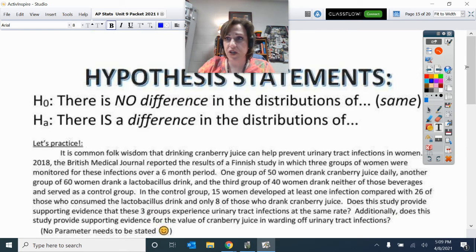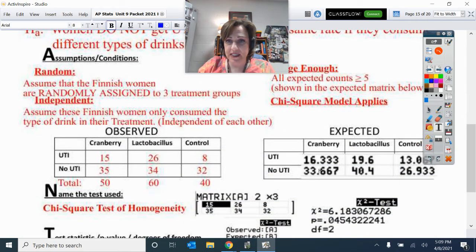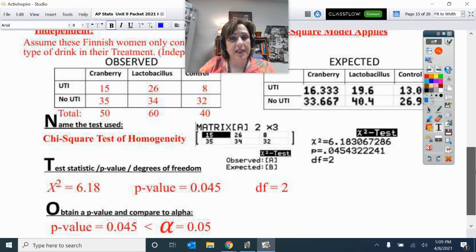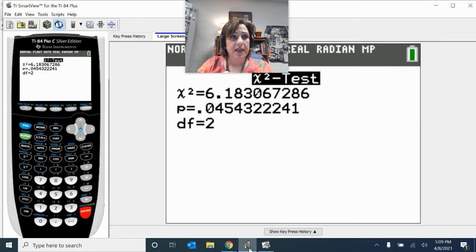All right, so coming on over here, we see that we still need to put in this expected, because I got to show you why I knew that all expected counts are greater than or equal to 5. Remember I told you that the calculator pastes the expected values into matrix B. So let's go and look at that.